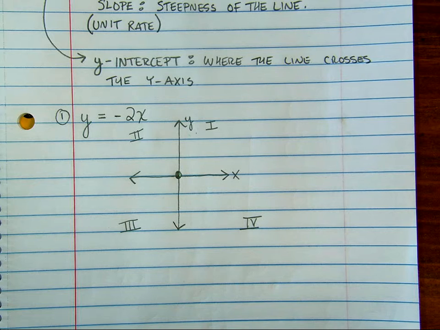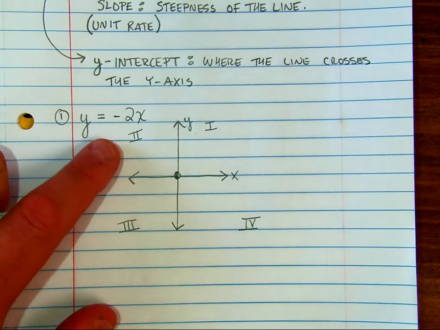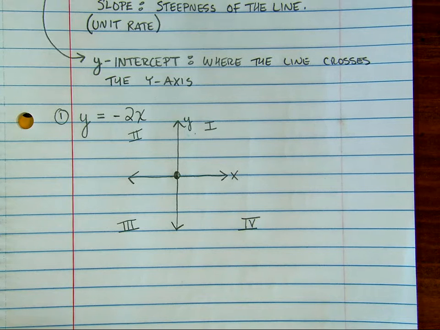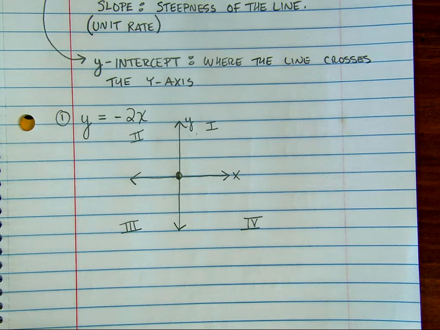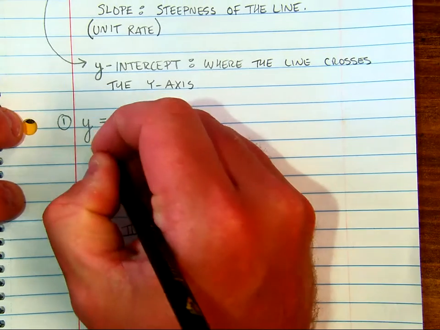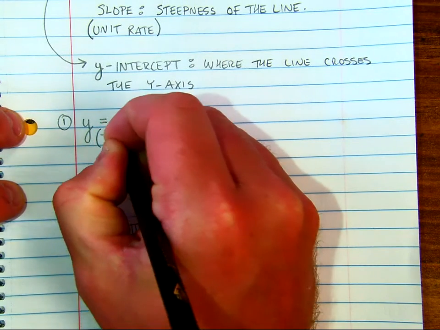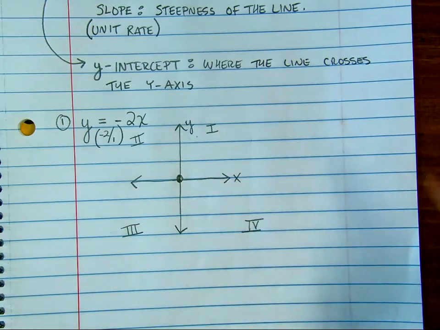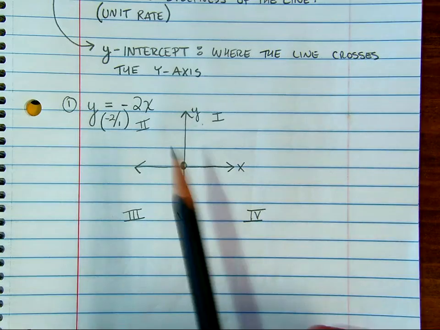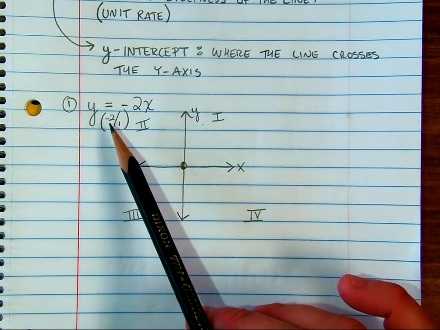All right. Now, our slope is -2. How do we write -2 as a unit rate, Kayla? -2 over 1. Very good. Now, our vertical change is -2.